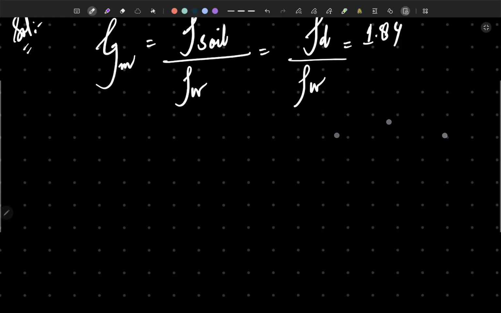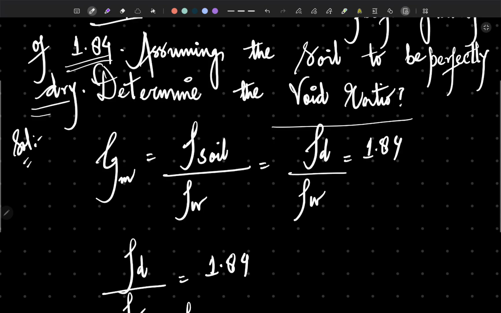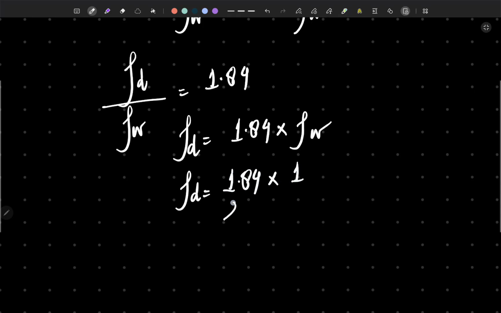That means the dry density of the soil is 1.84 multiplied by the density of water, which is 1 gram per cubic centimeter. So dry density will be 1.84 grams per cc.